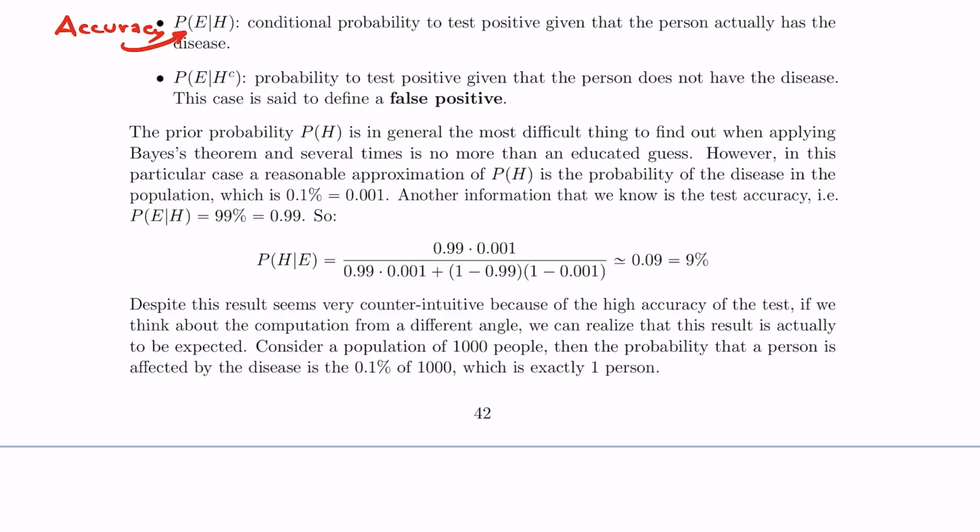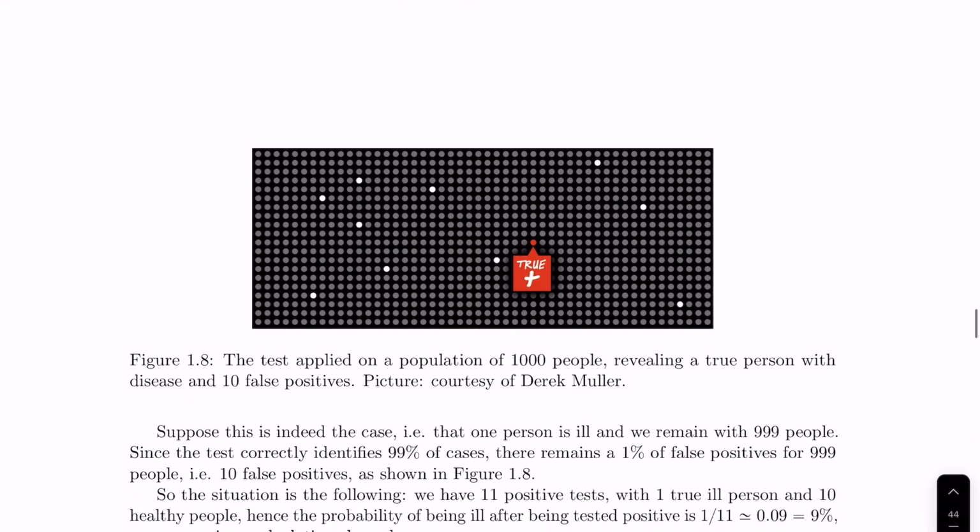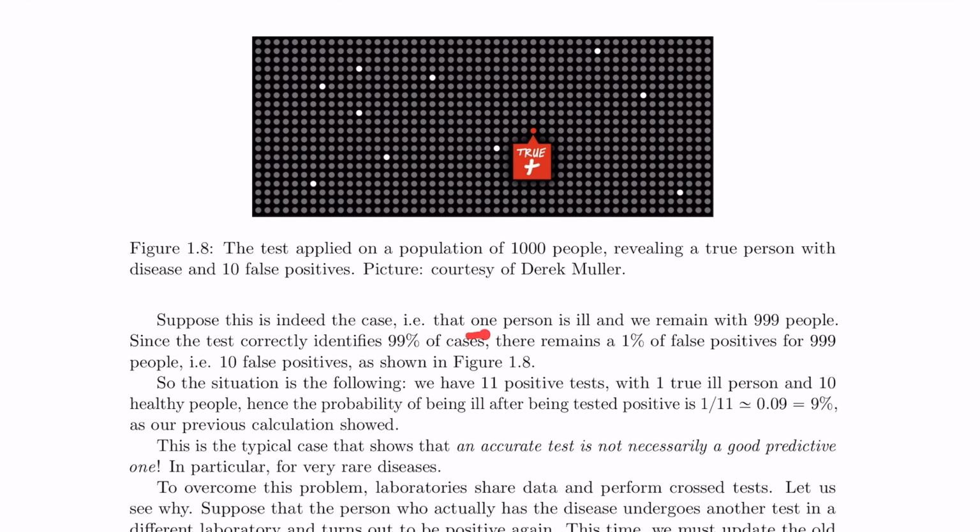Consider a population of 1,000 people. Then the probability that a person is affected by this rare disease is 0.1% of 1,000, which is exactly one person. Let's suppose that this is indeed the case. That is, exactly one person is ill and there are 999 people who aren't.